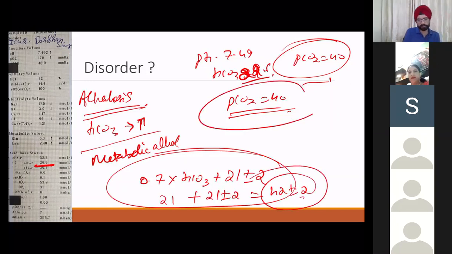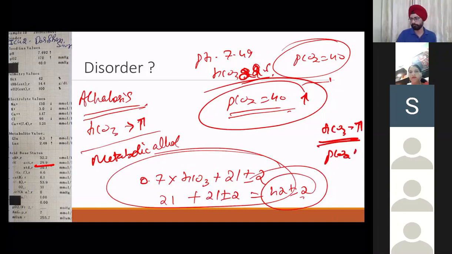So it's almost a pure metabolic alkalosis, but you expect PCO2 to rise a little bit to compensate. Because the bicarbonate is increasing, you expect the PCO2 to rise a little bit. That is why this is almost like a mixed metabolic alkalosis with some amount of respiratory alkalosis also. Okay.